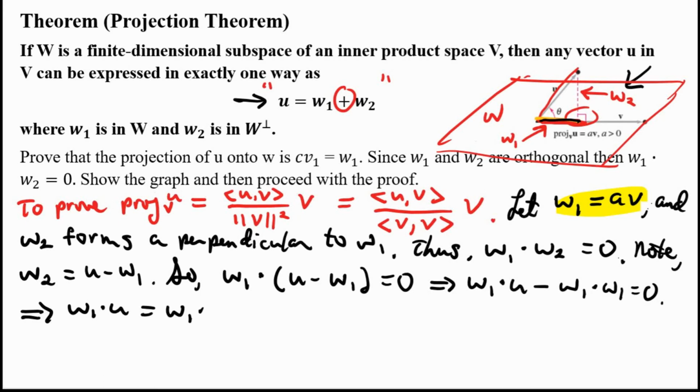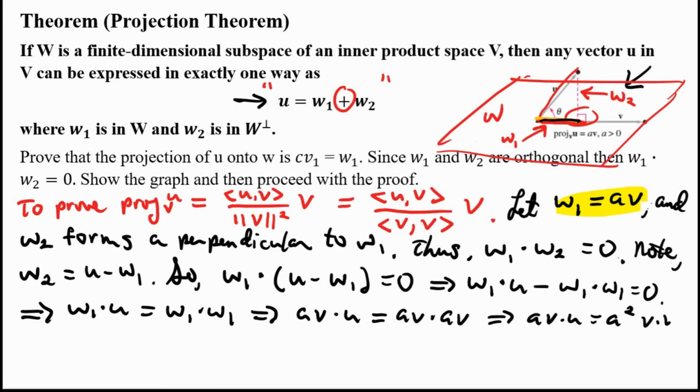So this is W sub 1 dot with W sub 1. Now I'm going to replace now the W sub 1 with what it is, that's av. So I get av dot with u is equal to here this W sub 1, which is av dot with av, which implies that I get av dot with u is equal to a squared times v dot with v.